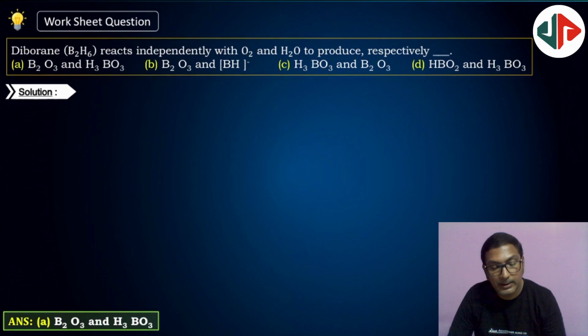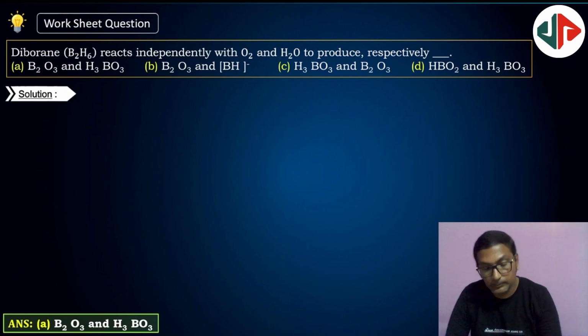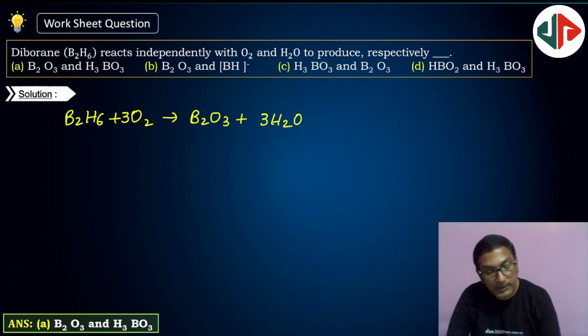Diborane reacts independently with O2 and H2O to produce, respectively. So diborane B2H6 reacts with O2 to form B2O3 plus 3H2O. So here make it 3O2. So B2O3 will be formed.